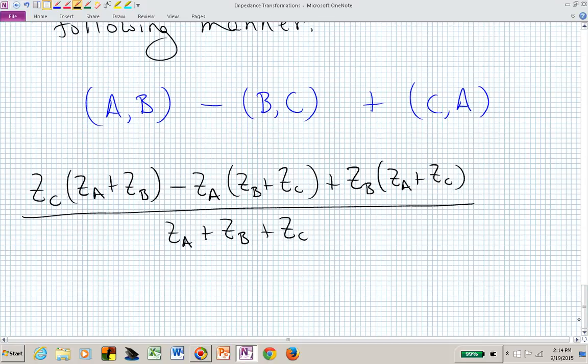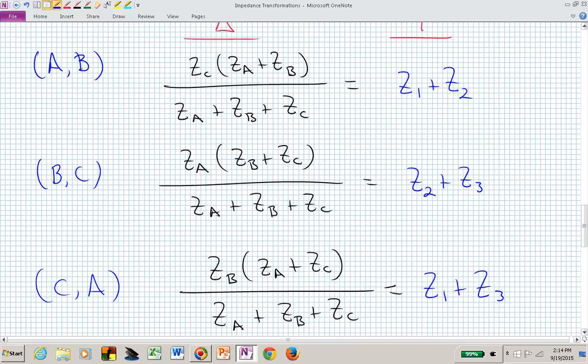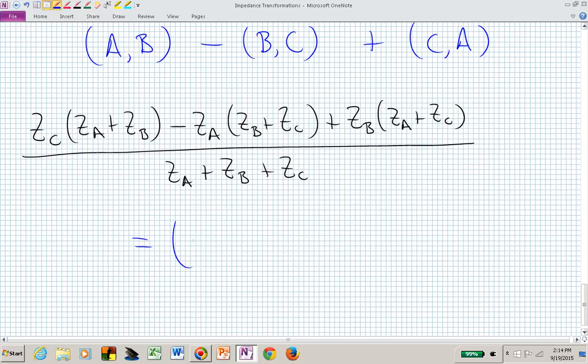That's now equal to, if we look at the right-hand side, we're taking Z1 plus Z2, subtracting Z2 plus Z3, and adding back Z1 plus Z sub 3.